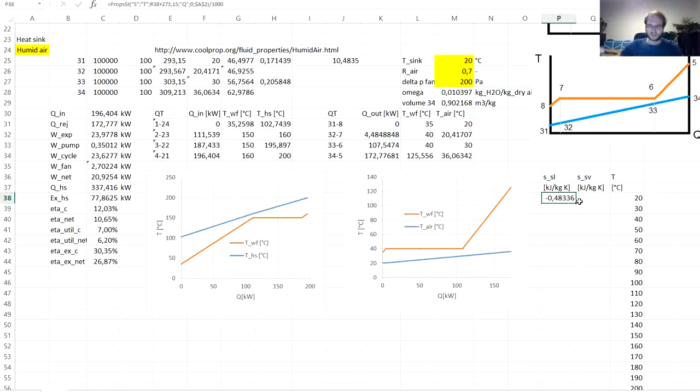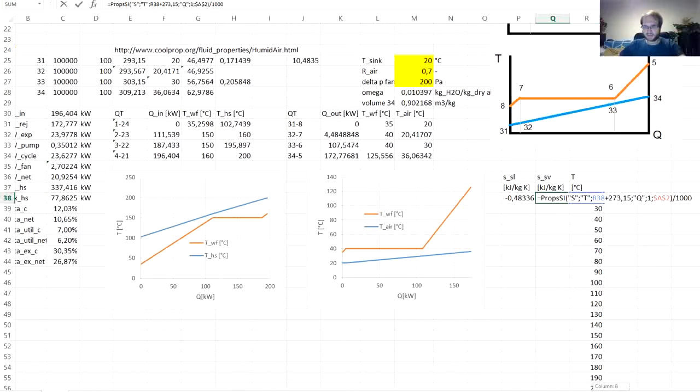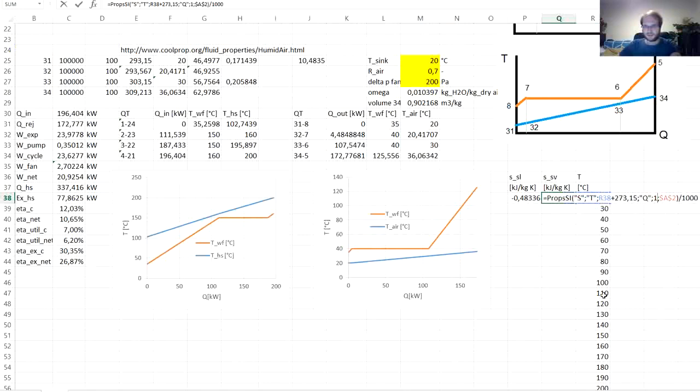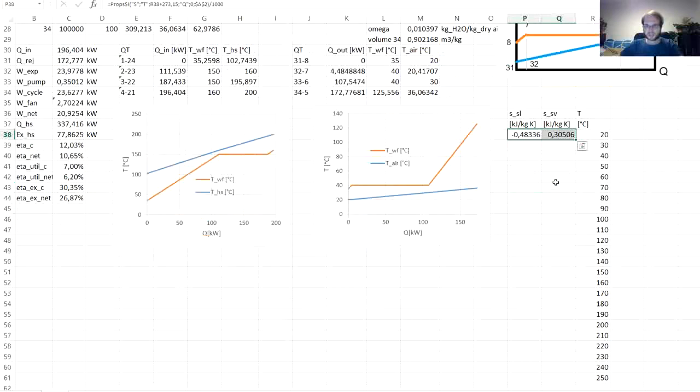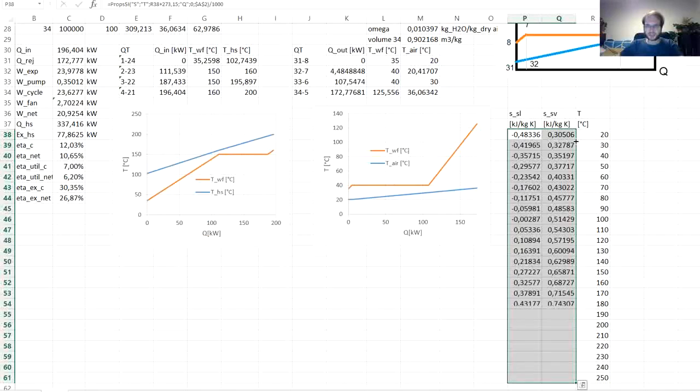Right, so it's the entropy of saturated liquid. Then let's get the entropy of the saturated vapor. So again, from the same temperature, just the Q would be 1. And let's expand these functions across our range.